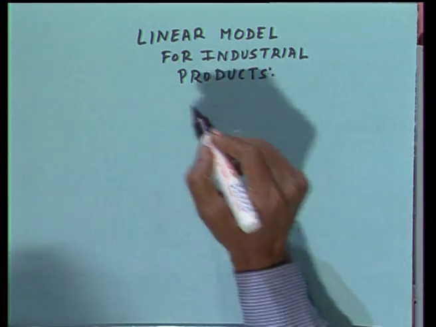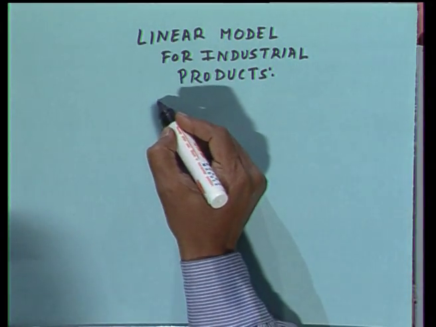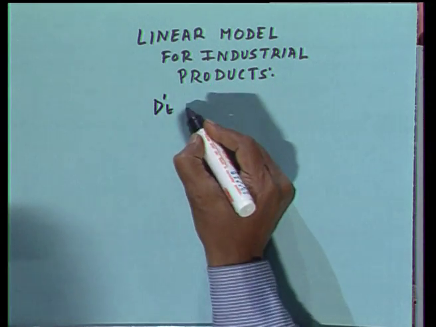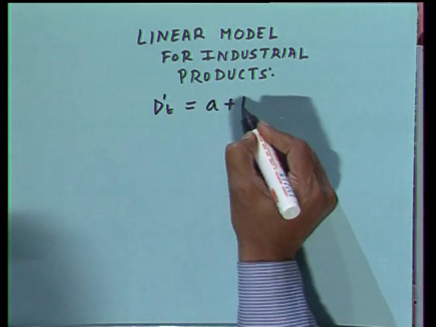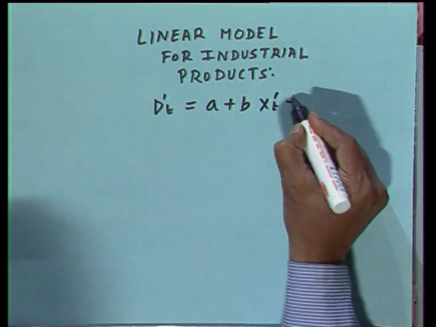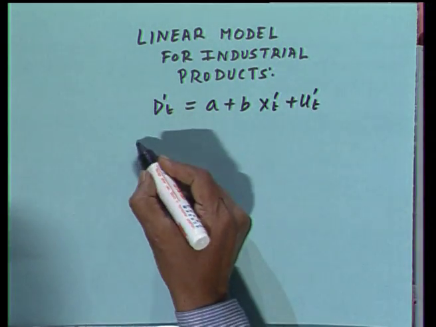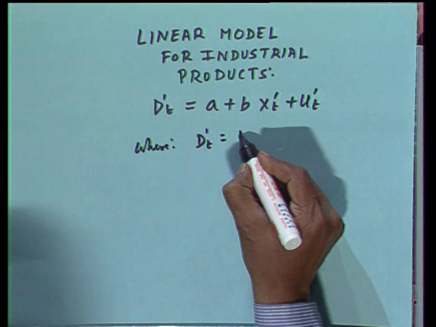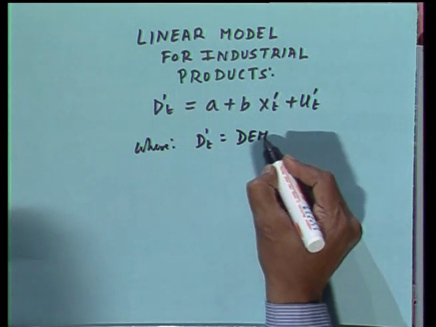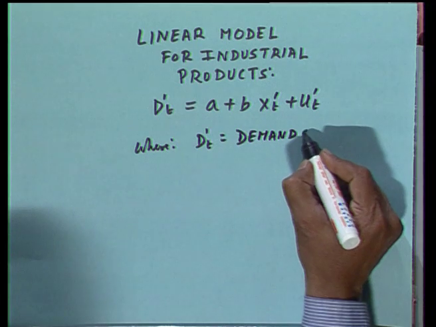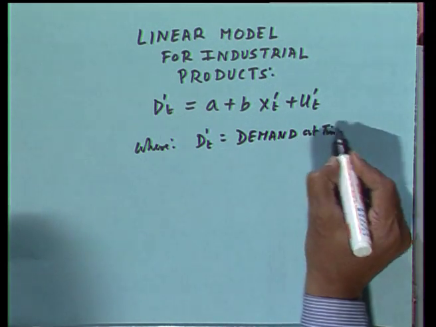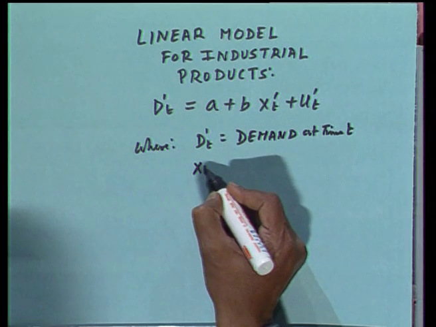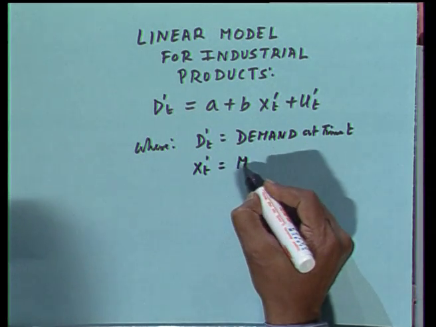In the case of industrial products, the linear model for forecasting the demand for industrial products is given by dt' = a + b xt' + ut', where dt' is the demand at time t and xt' is again the most influencing factor.